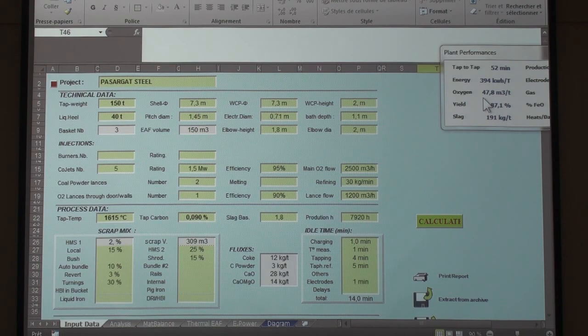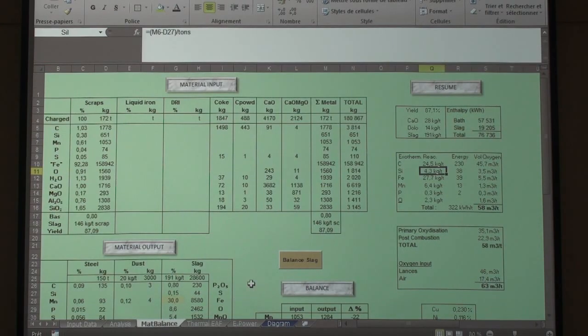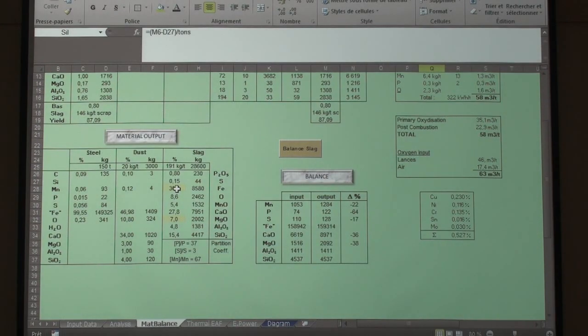And the model is adapting the charged carbon to compensate the oxygen input, not over-oxidizing the slag. That means we want to keep 30% Fe, or even, let's say, 20% Fe.